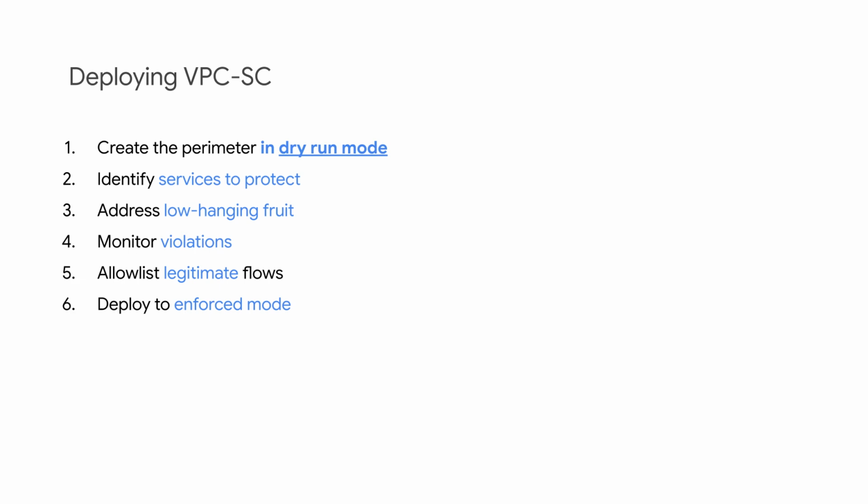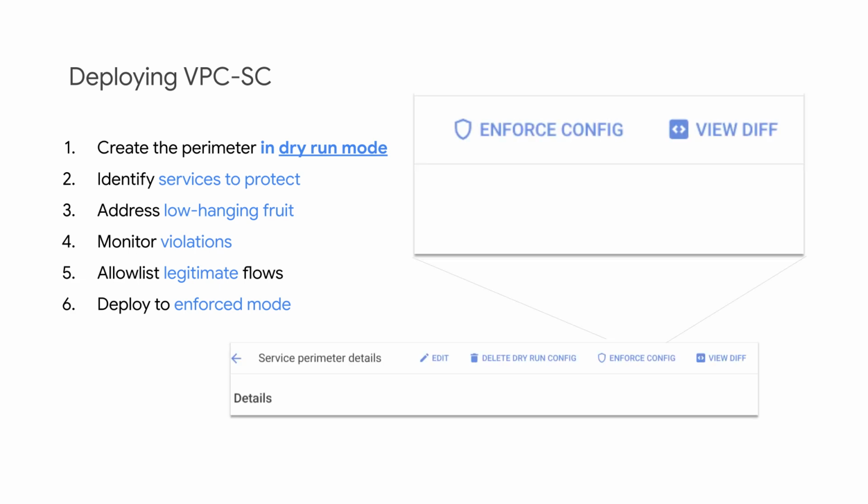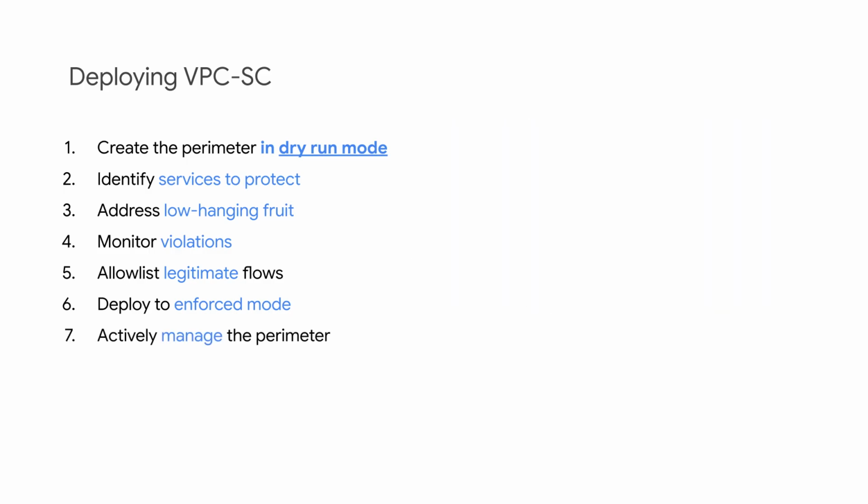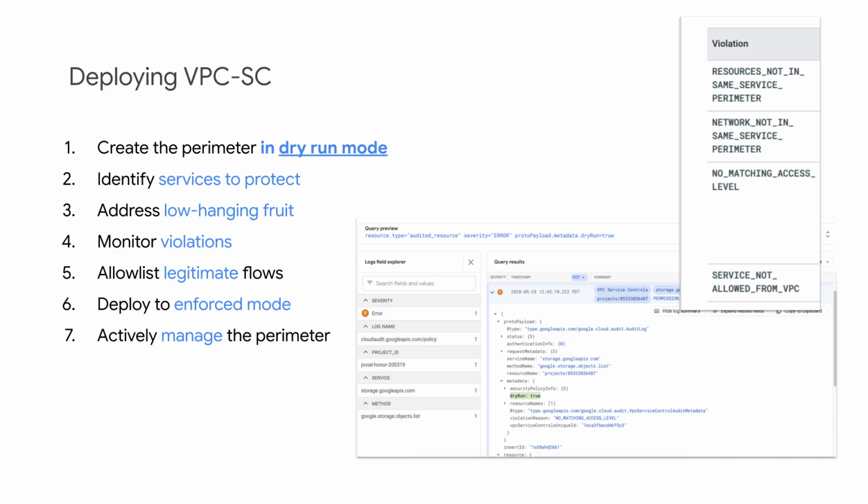After you've done all your auditing and allow listing, you're then ready to move your configuration to enforced mode. As new apps or flows are onboarded, you'll have to update the perimeter accordingly. Maintenance of a VPCSC perimeter is very similar in concept to managing a corporate next-gen firewall. It is an active security control that needs to be actively maintained and updated according to the legitimate flows going in and out of your environment.